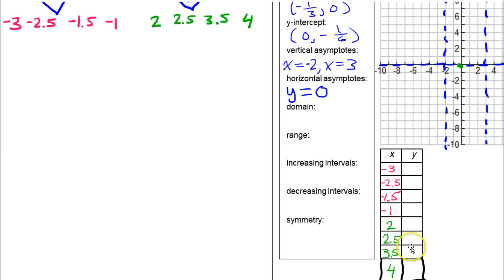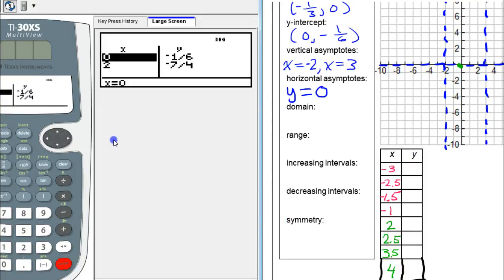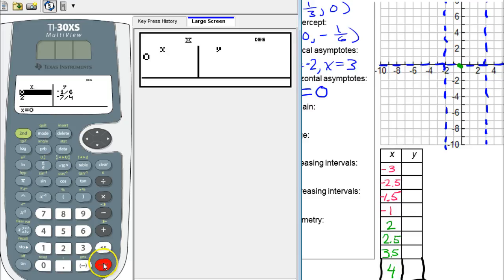Now I need the y values that go with them. So I am just going to use the table feature of my calculator here to make that happen. Okay, make sure you're in ask mode. So I need -3, so I will type in -3, and I need -2.5, so -2.5, and -1.5.